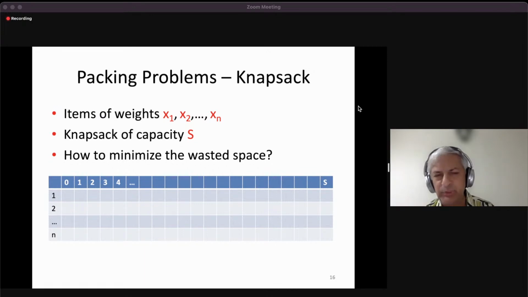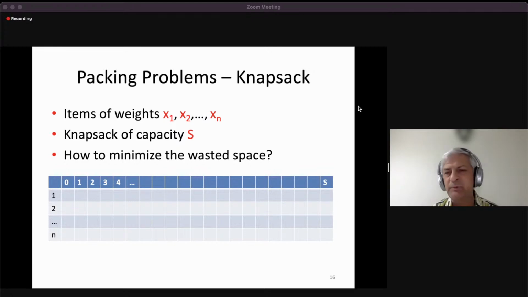So if you make a poor choice, then it doesn't know how to fix the problem. For instance, let's say you're asked to fill a box of size 10, and you have 3 items of size 5, 5, and 3. Now, if you take the 5 and 5 together, you'll fill up the box of size 10.